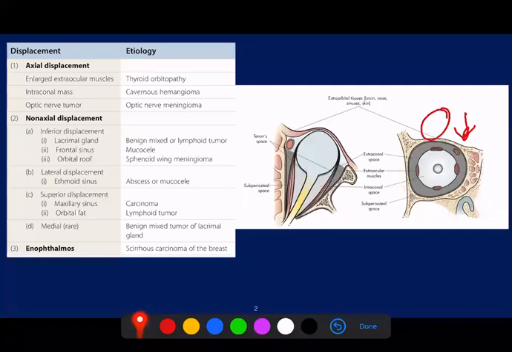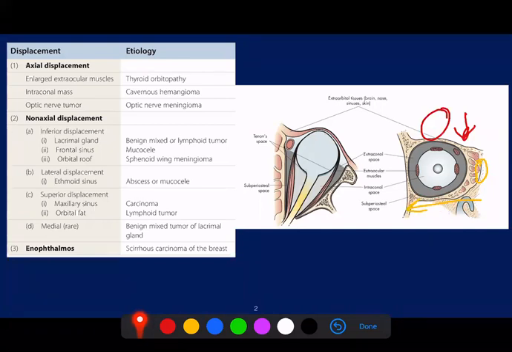Laterally, if there is lateral displacement, that means there is pathology originating medially, and that means abscess, which will not be covered in this lecture, but most commonly we find ethmoidal or frontal mucocele. Superior displacement, you would think of something originating from the orbital fat, like rhabdomyosarcoma or any soft tissue neoplasm.